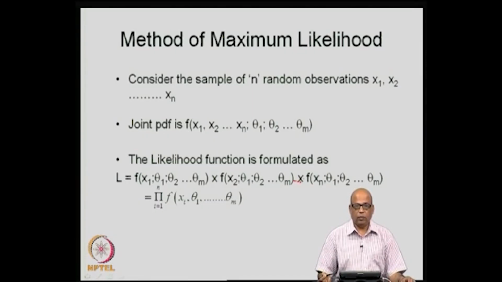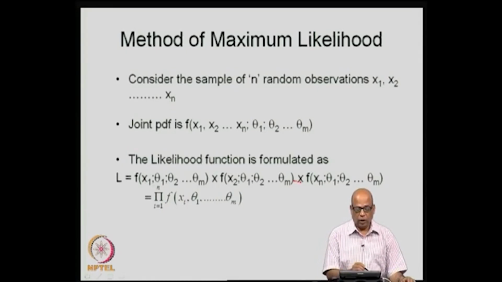The basis for this is that once a sample has occurred, x 1, x 2 etcetera are independent. So, we are looking for those set of parameters theta 1, theta 2 etcetera theta m, which will maximize the likelihood of this sample x 1, x 2 etcetera x n appearing from that particular PDF.